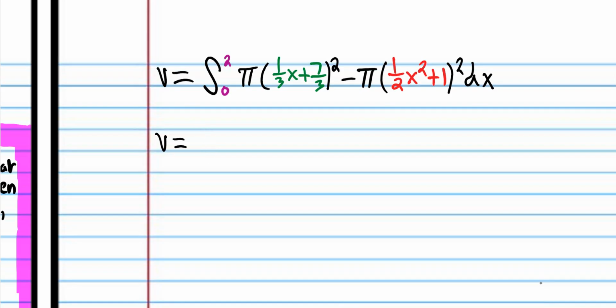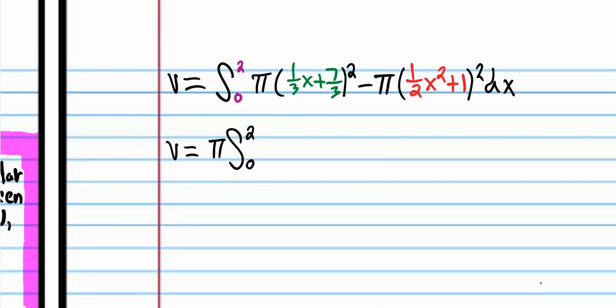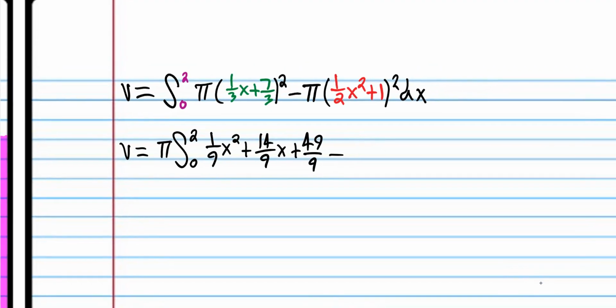Okay, so I'm going to pull out pi because pi is a factor of this term and this term, so why not just pull it out so we don't have to keep rewriting it. And then I'm going to use FOIL on this expression, and I'm going to go through this kind of quickly because it's going to take a long time unless we go at a reasonable pace here.